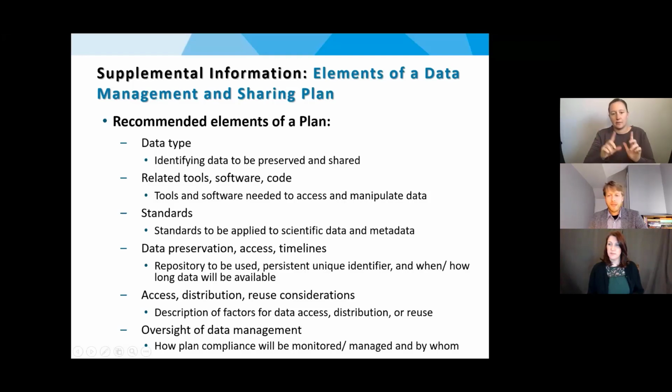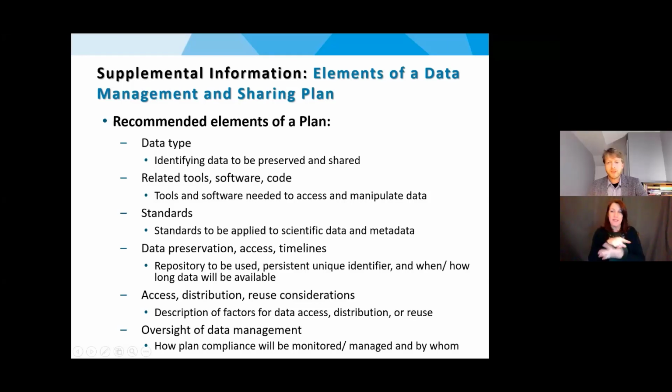In the supplemental information, NIH recommends several key elements for data management and sharing plans. So first, there should be a general description of the type of scientific data that would be expected to be generated and the amount. And the example that we actually provided in the supplemental information itself is 256 channel EEG data and functional MRI images from 50 participants.